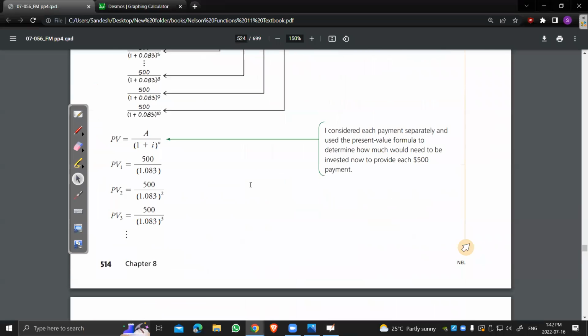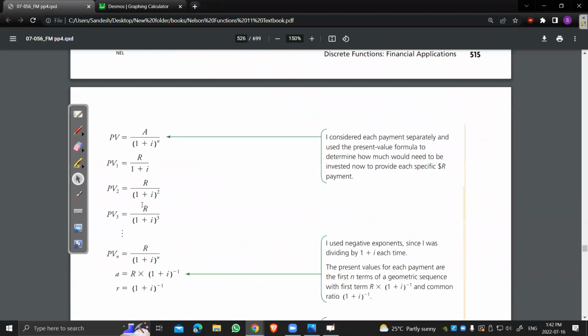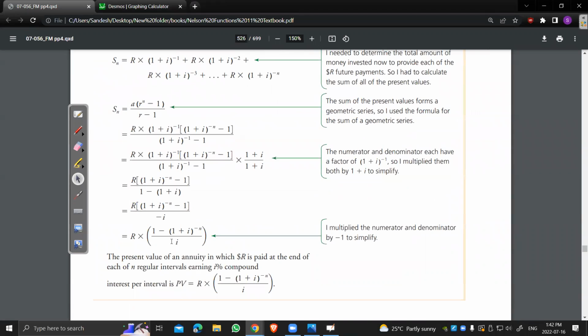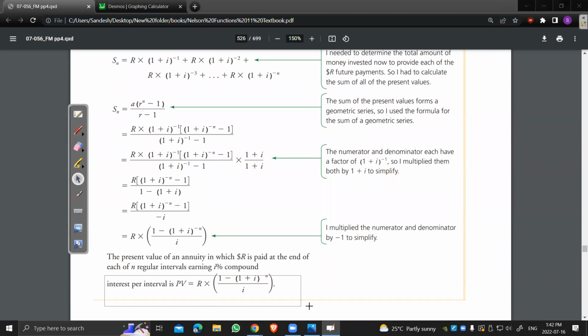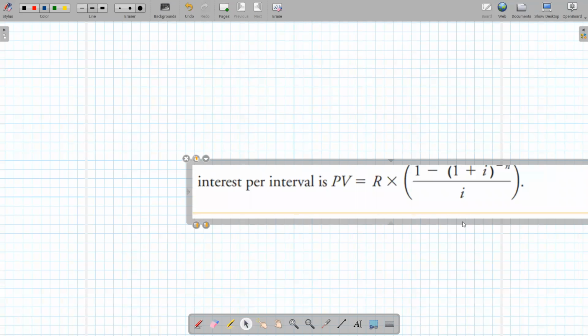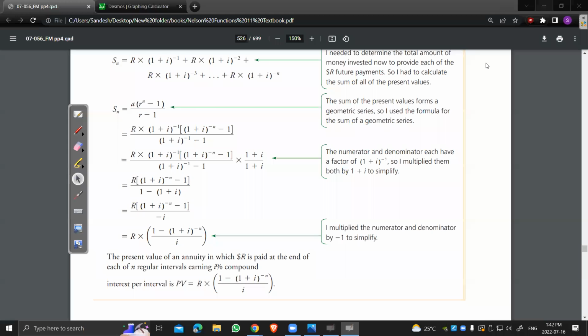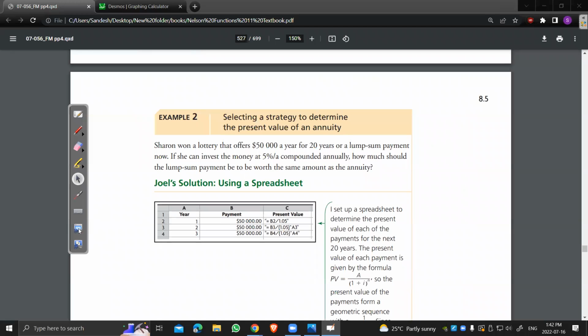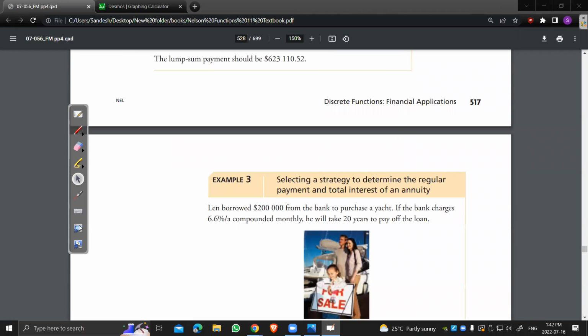Now let's look at, what do you think we're going to look at next? Present value. Okay, that looks like it's an Excel question. We can just ignore that. Let's look at this one.